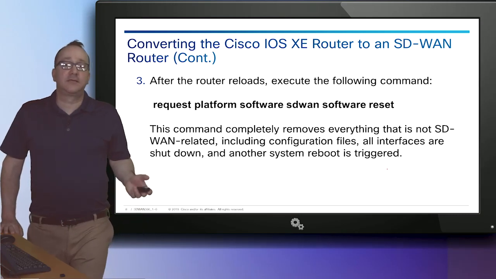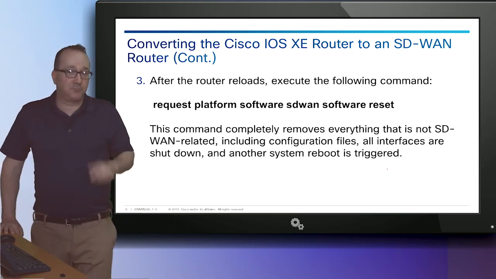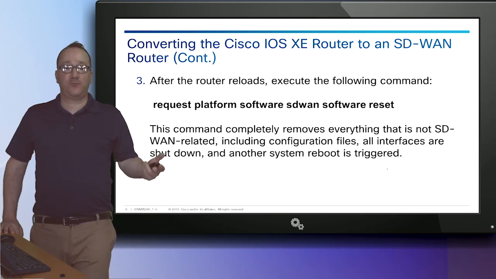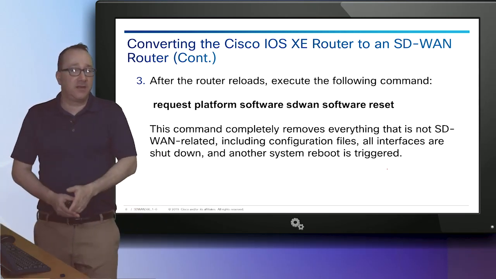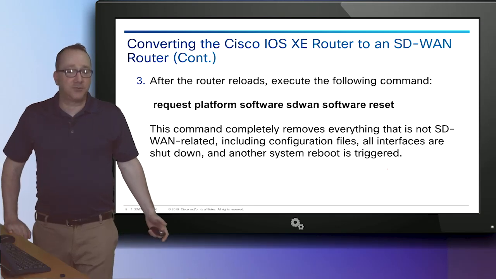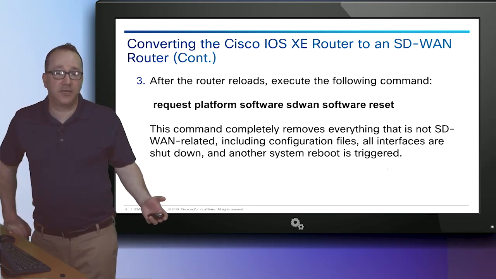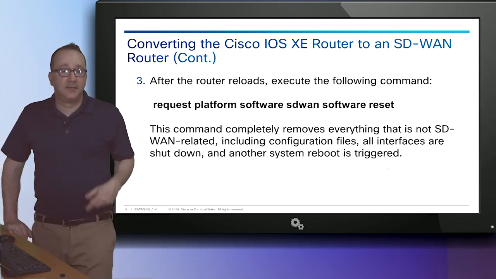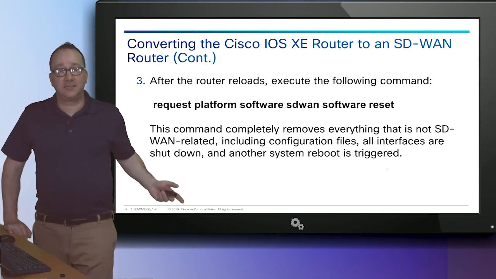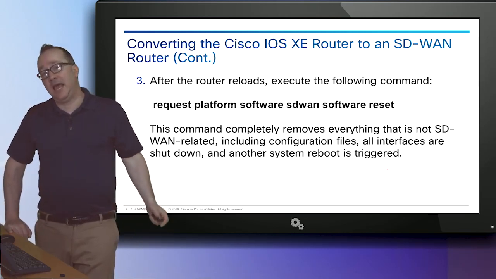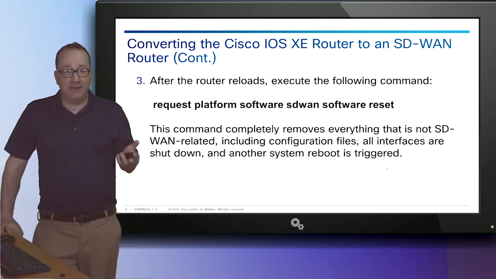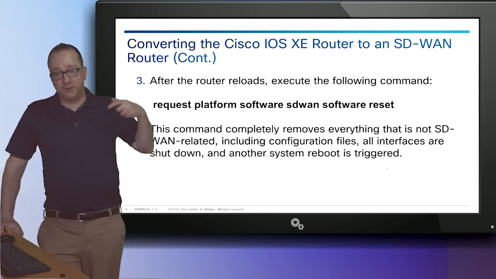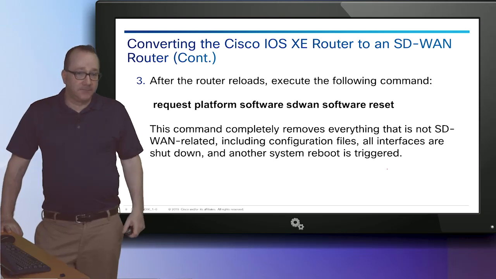After the router reloads, we execute the command request platform software sdwan software reset. Be advised, if your router has any advanced features like unified communications, a UCS-E module, or wide area application acceleration, those are going to be disabled, which is why we'll discuss leaving those routers in place and integrating an SD-WAN solution next to them in a brownfield deployment, as opposed to replacing the device.